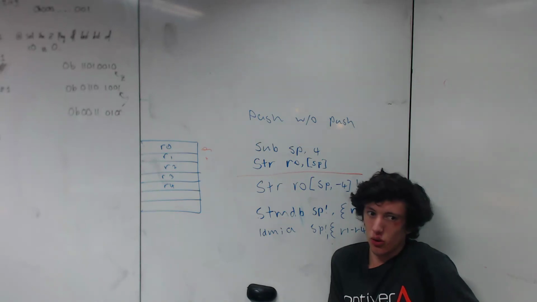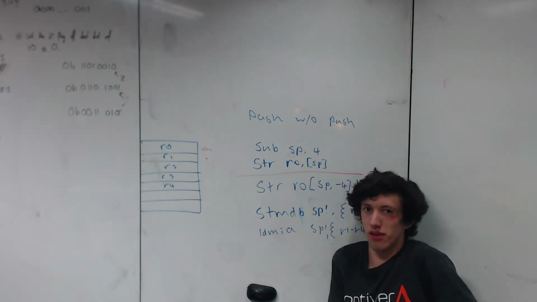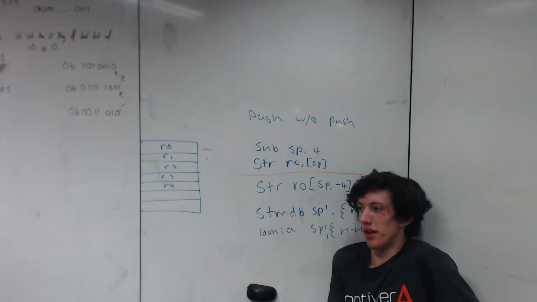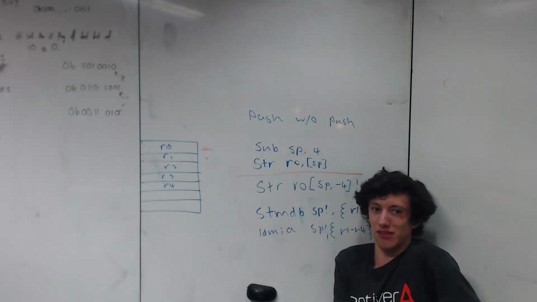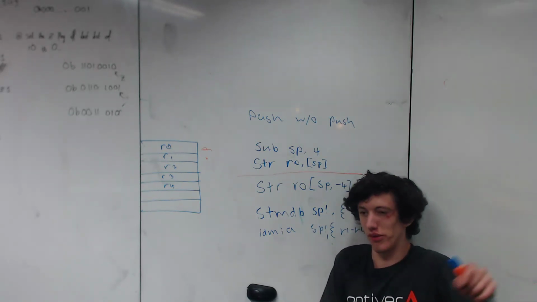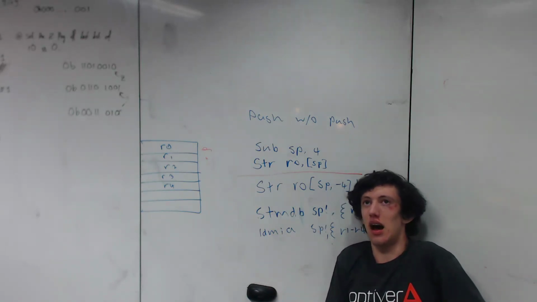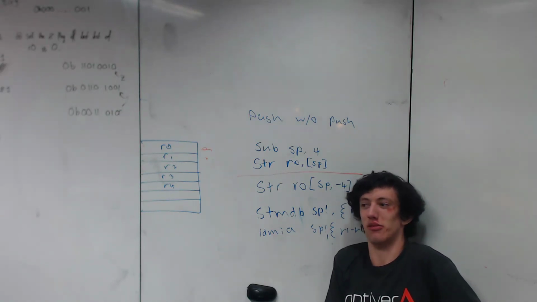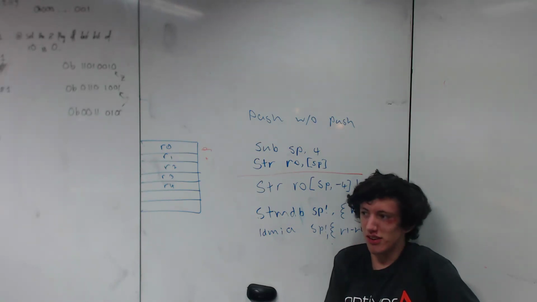In the calling convention, registers 4 through 12, if a function uses those, it is supposed to save the previous values of those registers and restore them before it returns. Whereas R0 through R3, the function is allowed to use at will, and the caller, whatever called the function, has to save them instead. This is the ARM function calling convention. It's in one of the lecture slides on functions from the first half of the semester.